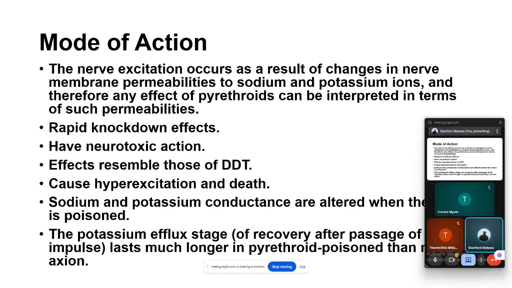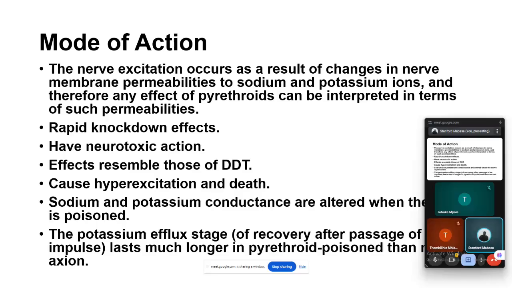They cause hyperexcitation and death. So sodium and potassium conductance are altered when the insect is poisoned.